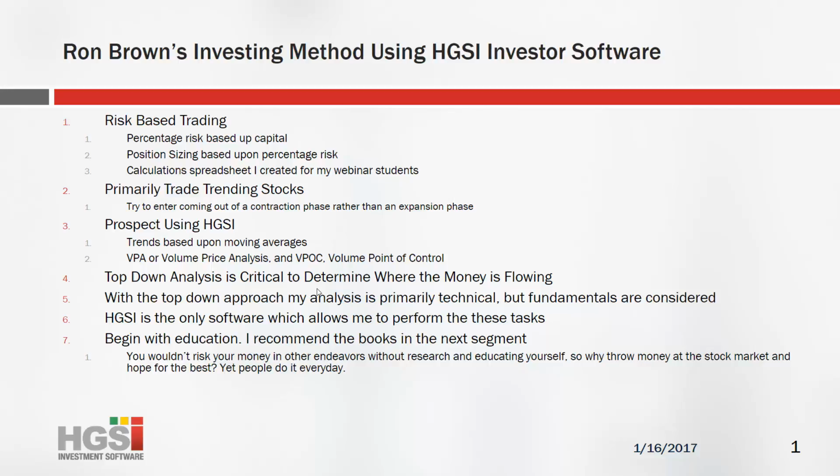With top-down analysis, my approach is primarily technical, but fundamentals are concerned, and the reason I make that statement is that if you adhere to an investment philosophy, for example, CAN-SLIM, your criteria for selecting stocks is very well defined, and that's fine because some of those stocks go on to become the biggest winners in the market.